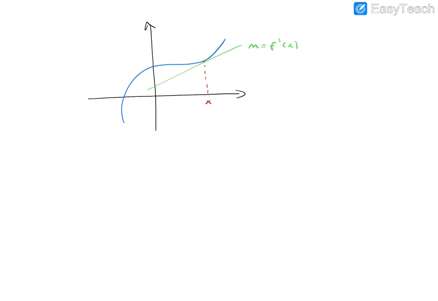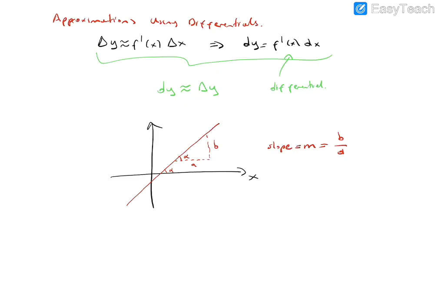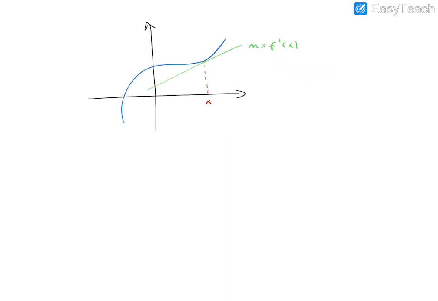And dx is the horizontal change. If you look here, this is the horizontal change from this point to that point. a is dx, the horizontal change, b is dy, the vertical change, okay? So dx is the horizontal change, delta x actually, but we can consider dx.